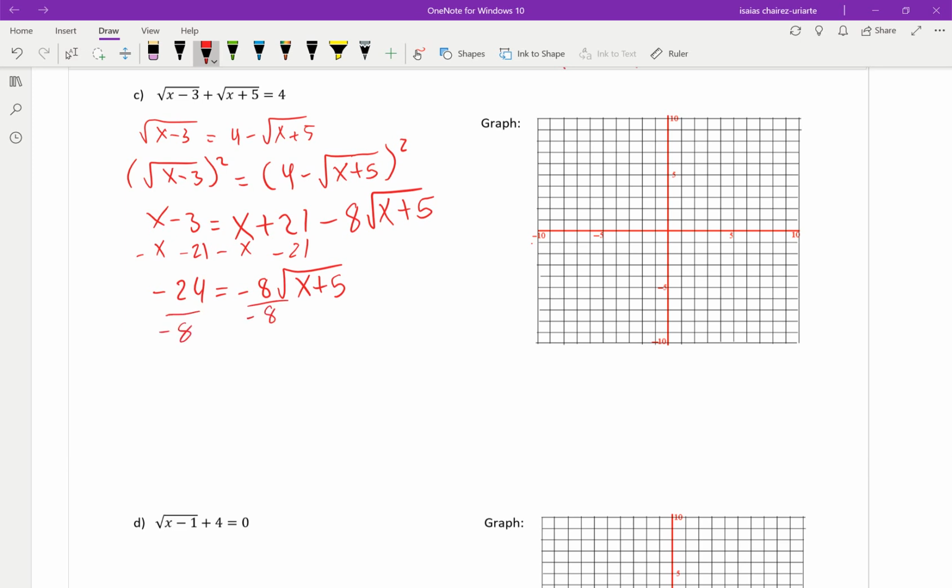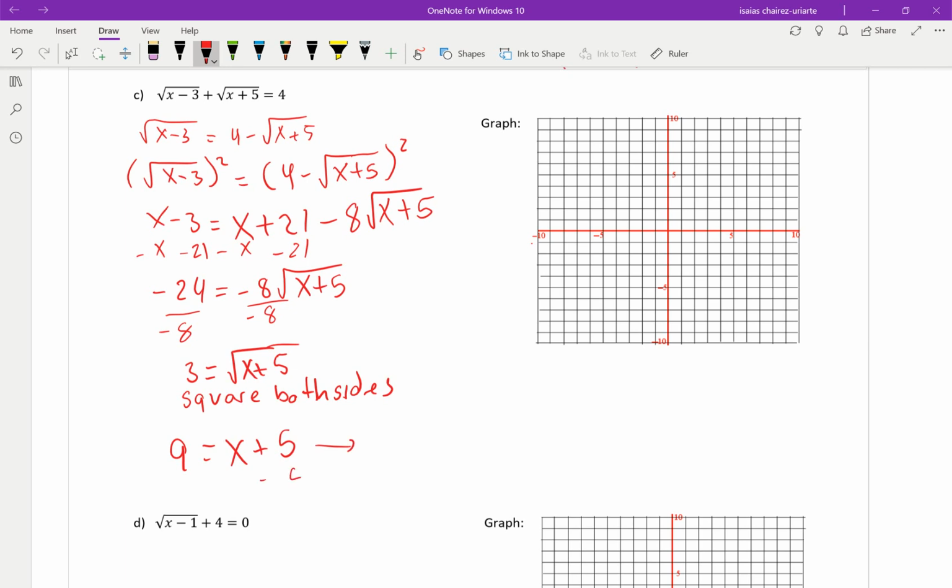That becomes 3. And then I'm going to square both sides again. So that becomes 9 equals x plus 5. And then let's just solve for x.